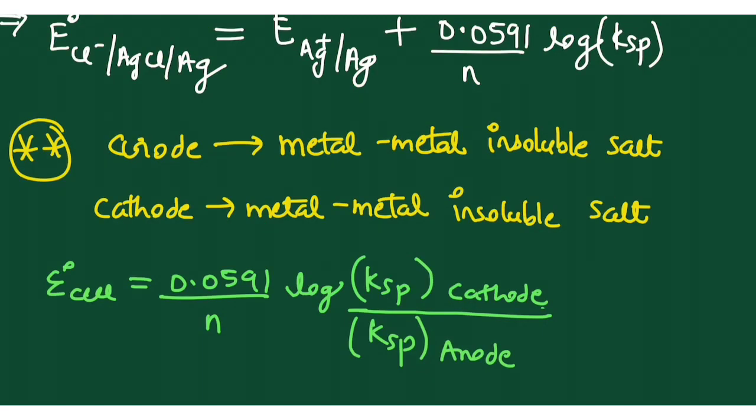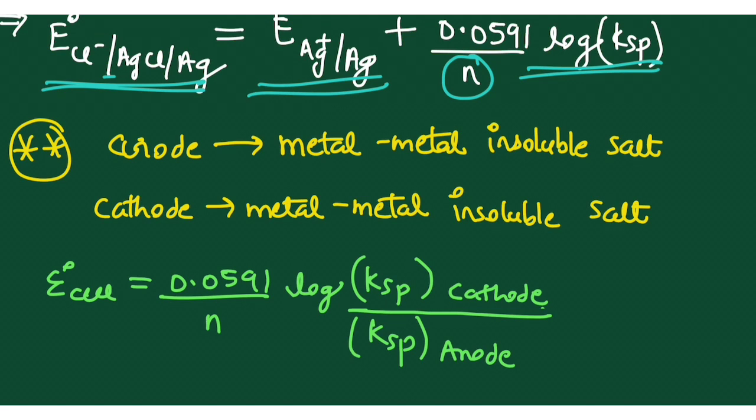The relation between them is E naught of salt is equal to E naught of metal ion plus 0.0591 divided by n log of Ksp, where Ksp is the solubility product of the insoluble salt, that is AgCl in this case. If any other salt is given, you will take that here and take n accordingly. That is why I have kept n here.